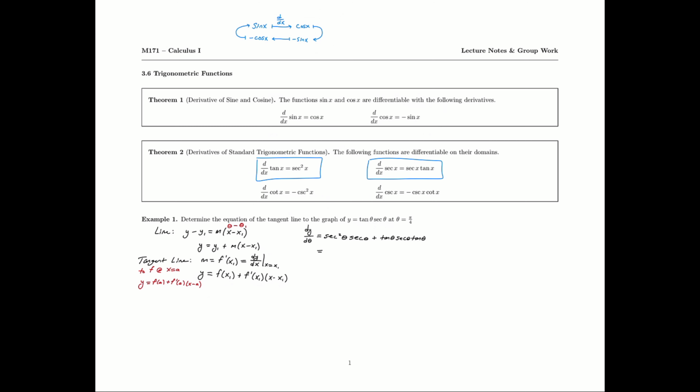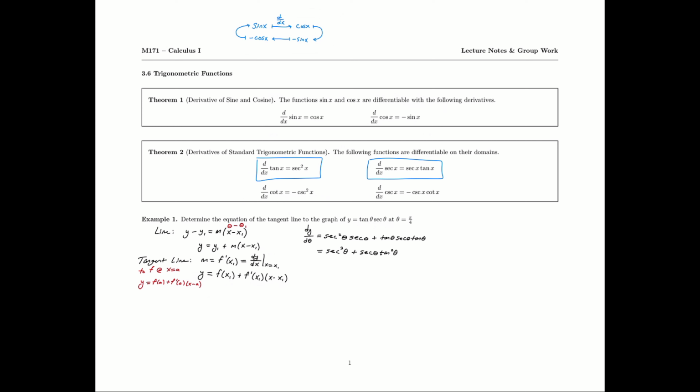So now this is a good opportunity for us to simplify things before we plug in our pi over 4. So I'll just do secant cubed theta plus secant theta tangent squared theta.